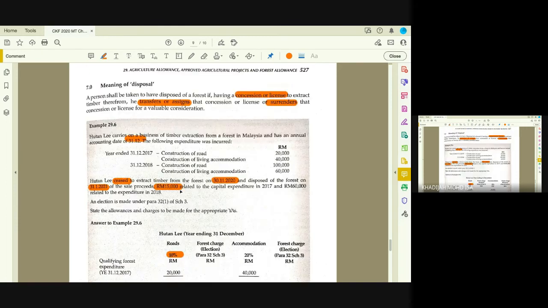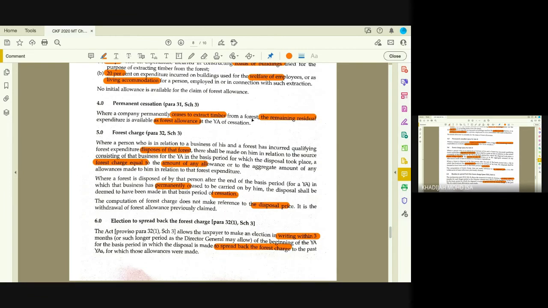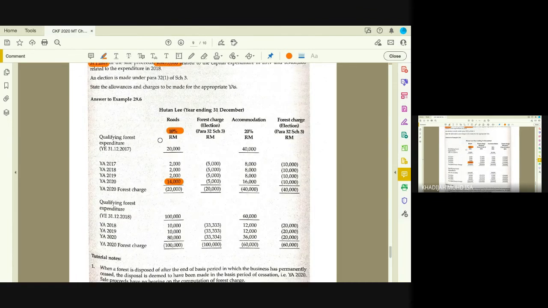The remaining residual expenditure, the remaining RE, is available as forest allowance at the year of cessation. So how much allowance did you have? You have 20,000 here. You claim 2,000, 2,000, 2,000, so you have claimed 6,000 here. The remaining 20 minus 6 is 14,000. So the remaining RE will be treated as allowance in the year of cessation. So total charge will always be the same as your total capex.